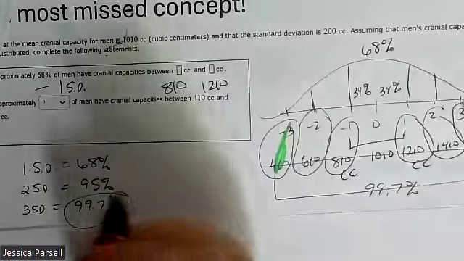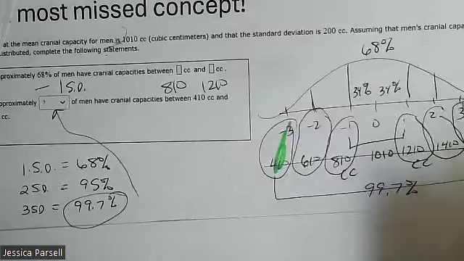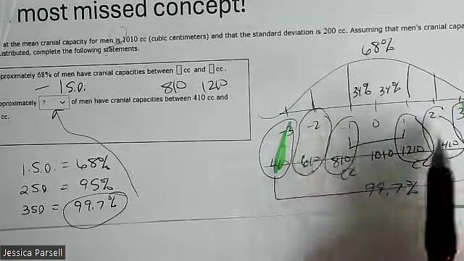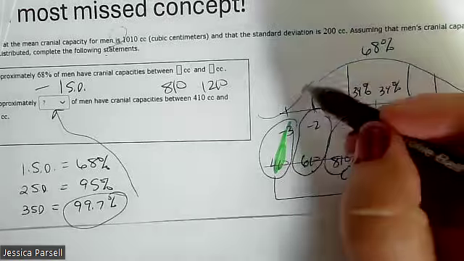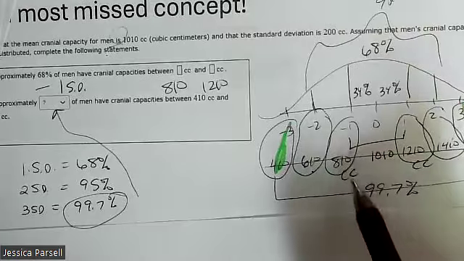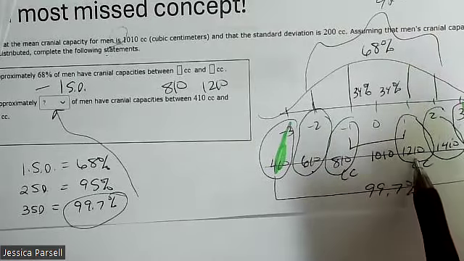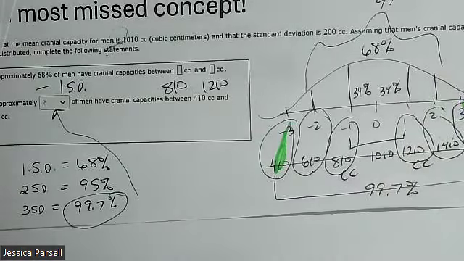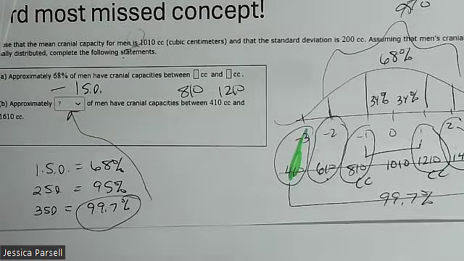So that is going to be our pull down here. If they ask for cranial capacities between 610 and 1410, well, that would be 95%, right? Because from here to here, it's 95%. If they asked us between 810 and 1210, that's 68%. So hopefully that's going to help you refresh yourself before your test if you get this concept.